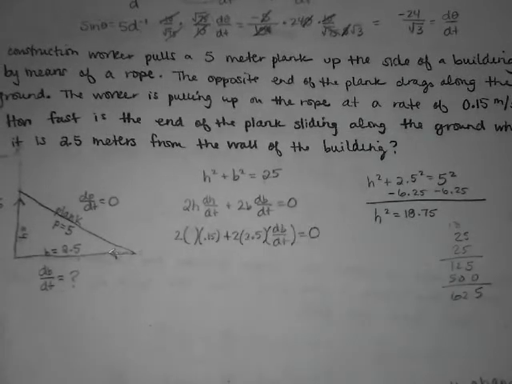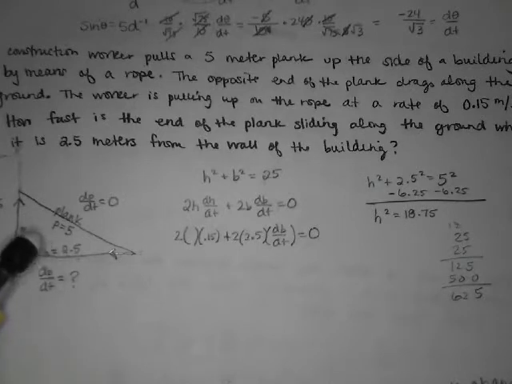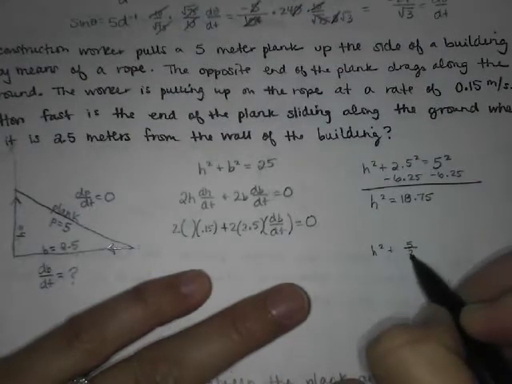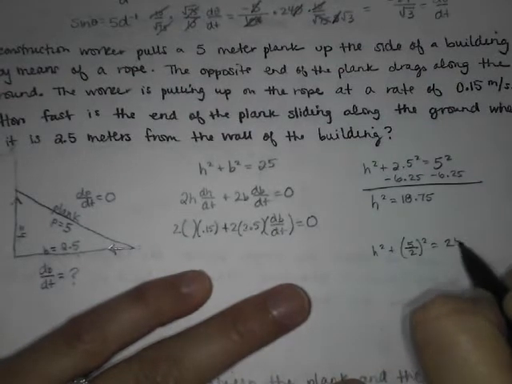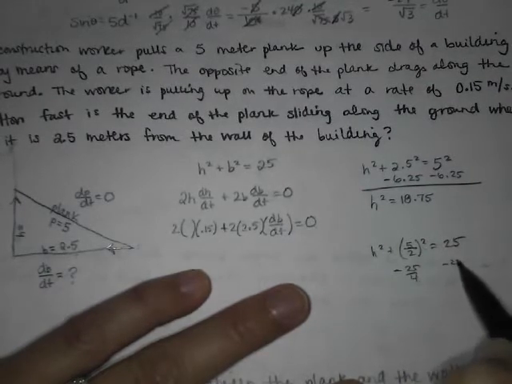I wonder if this would have been easier with fractions. Like, had I done 5 halves? Huh? You said too late now. I almost feel like it would have been. Wait, if I had done H squared plus 5 halves squared equals 25, then I would have been subtracting 25 fourths from technically 100 fourths.